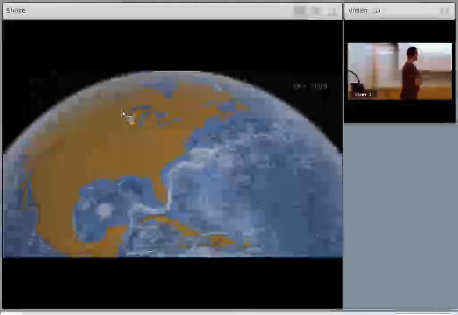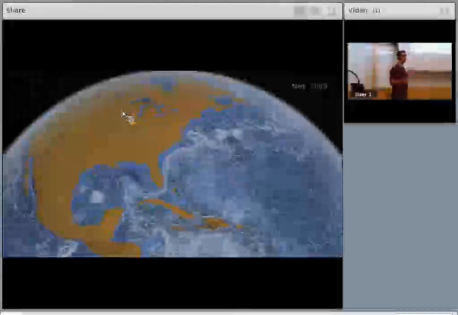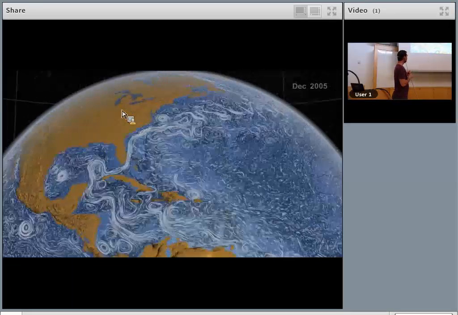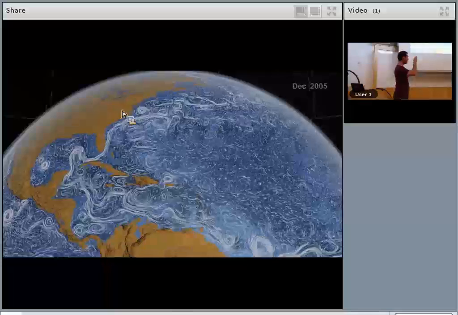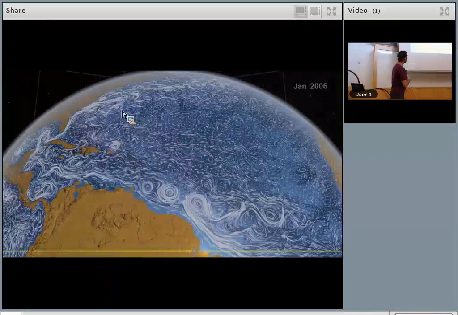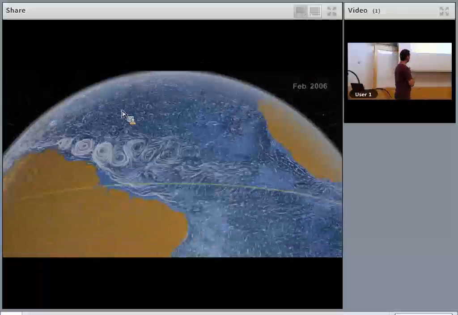So here it's a visualization of ocean currents. Of course, it's kind of an artistic view. The white lines are streamlines of the flow, and the more white lines you see, the more focused the current is.